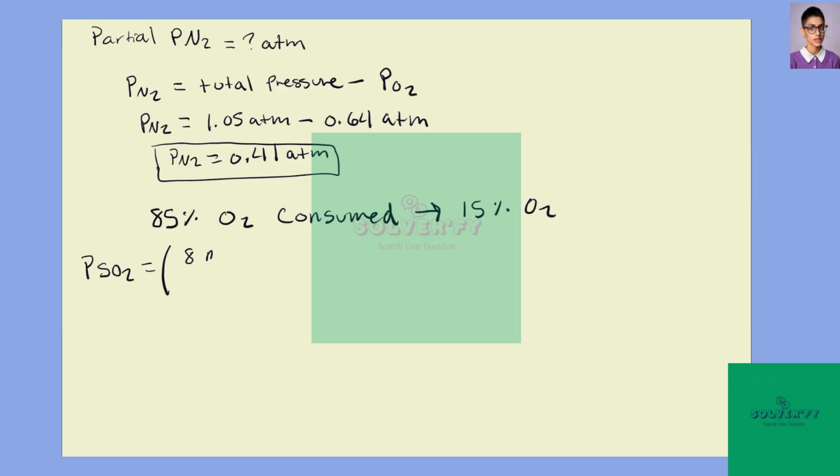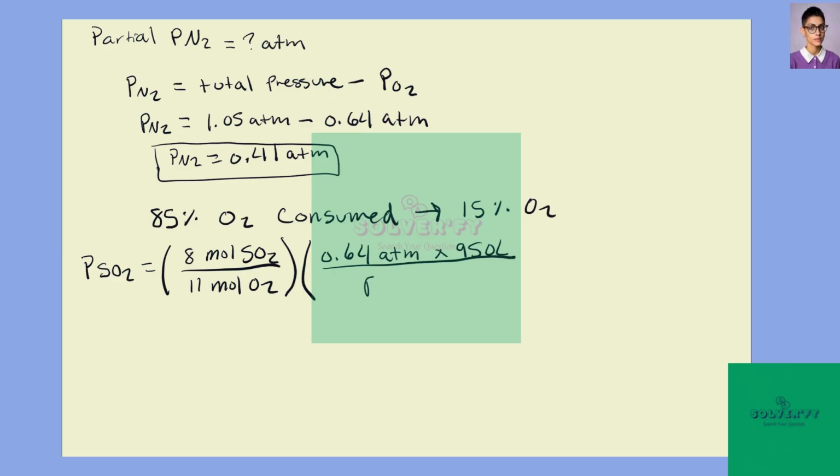So we have 8 moles SO2 for every 11 moles of O2. We're going to times this by the pressure for oxygen, so 0.64 atmospheres. We're going to times that by the volume in liters, and we're going to divide that by RT.